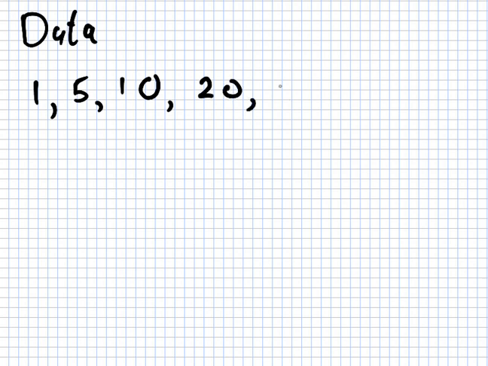Firstly, let me give you some data, but let me put it in order. So we put the smallest one first. So here is some data, and we know how to find the median here.